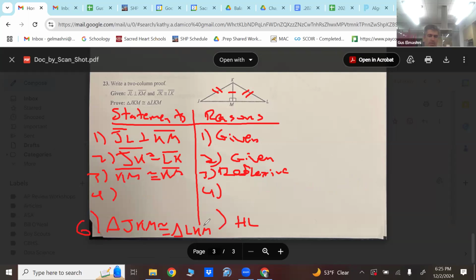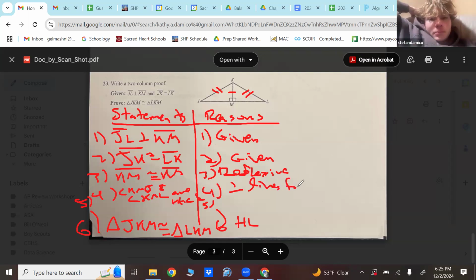Angles KMJ and KML are right angles, and that's because perpendicular lines form right angles.